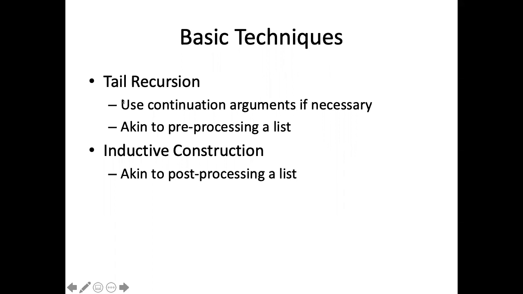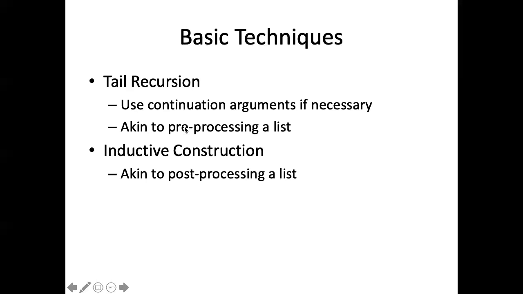On Thursday, I talked about tail recursion, the idea that all the computing is done with continuation arguments and there is no processing done when the function returns. It simply returns a value and then the Scheme interpreter can reuse the stack frame. It's kind of akin to pre-processing a list.